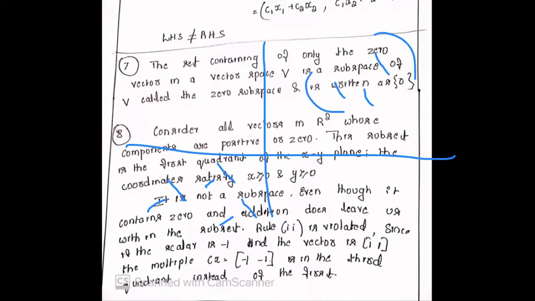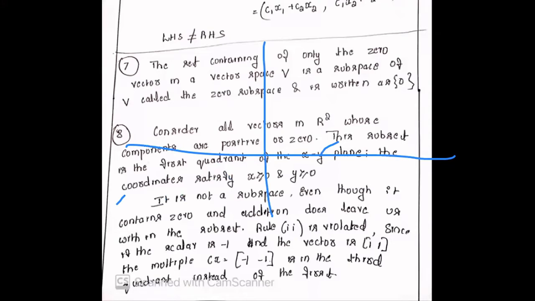But what if you multiply some other vector? You take (4, 10). You multiply with -1. What do you get? (-4, -10). That comes in the third quadrant. So the multiplication is working. But the addition fails again.